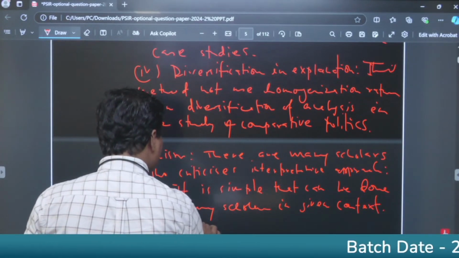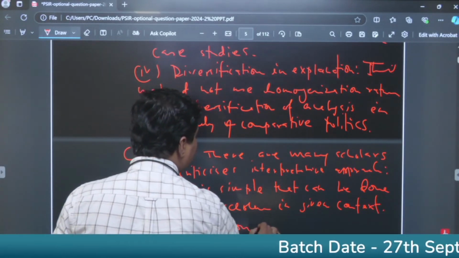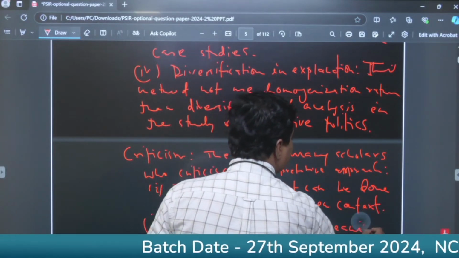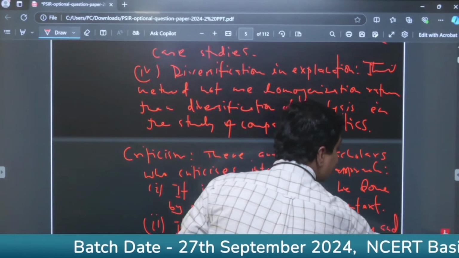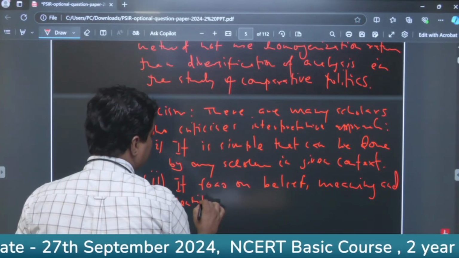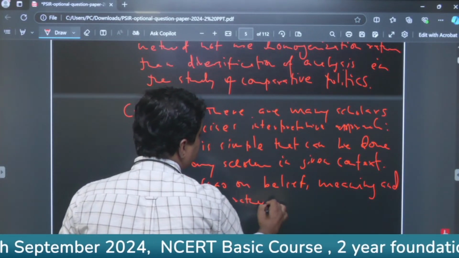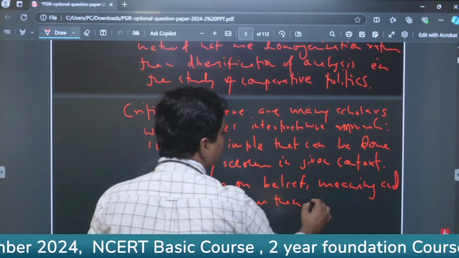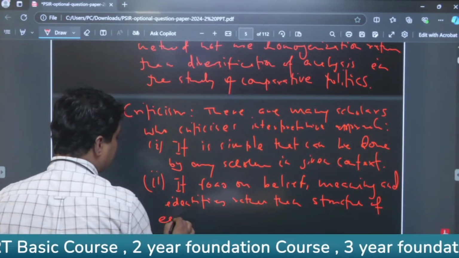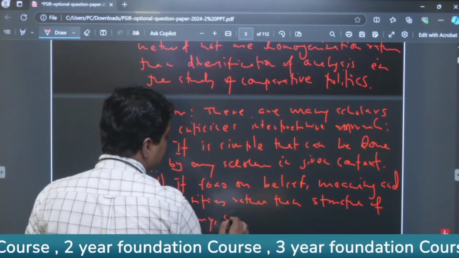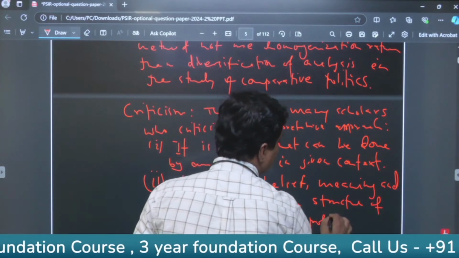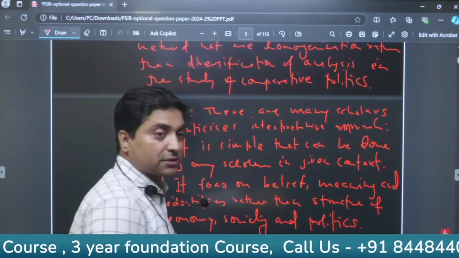It focuses on belief, meaning, and identities rather than the structure of society, economy and politics.